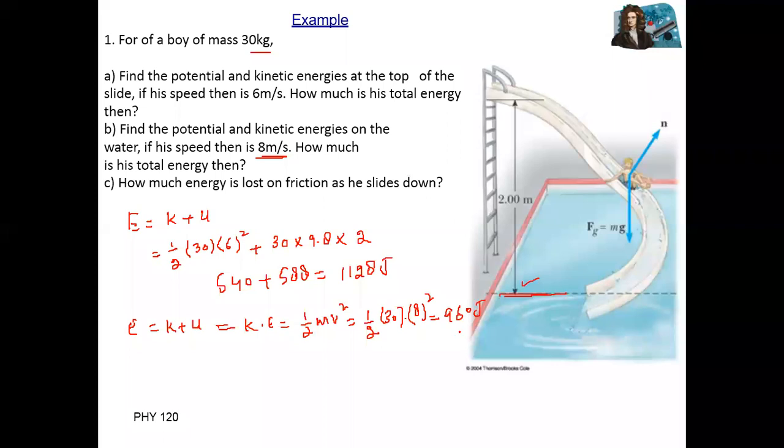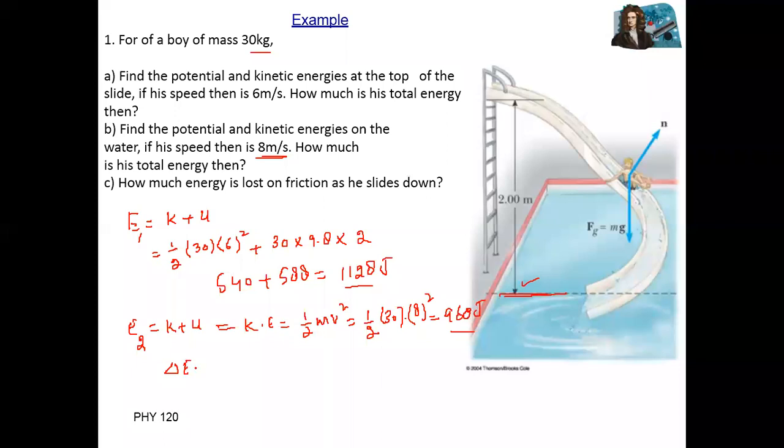Part number 3. How much energy is lost to friction as he slides down? So top position energy is 1128, at water level energy is 960. These are not equal. This means that some energy is lost in the form of friction. So, for example, if this one is 1 and this one is 2, what is the loss in energy?